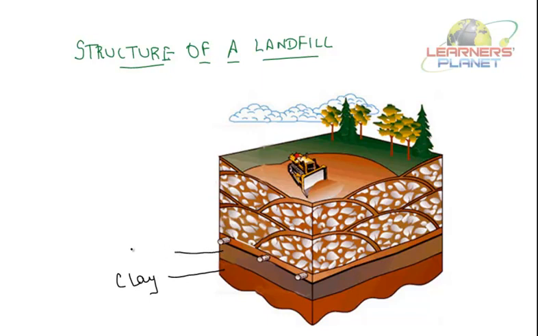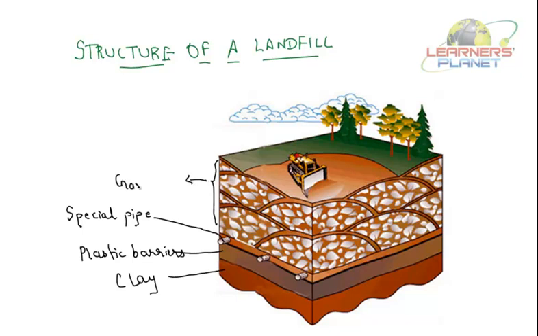This layer is full of plastic barriers, and here you can see a spatial pipe, and here you can see this is garbage. And this is a bulldozer.